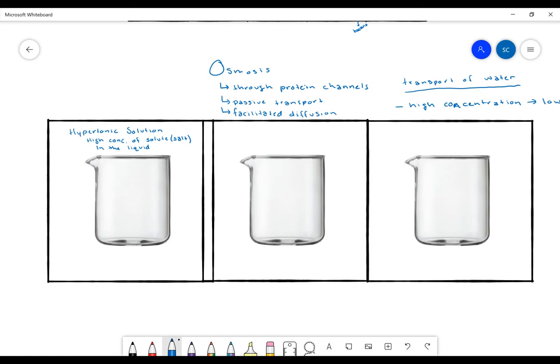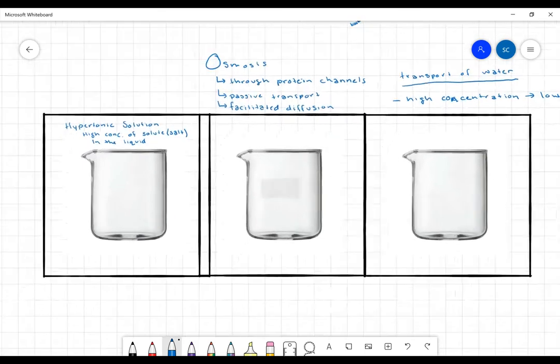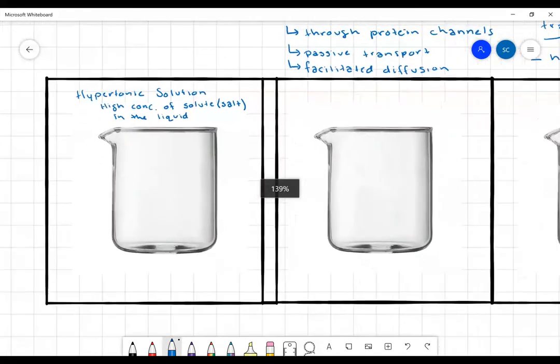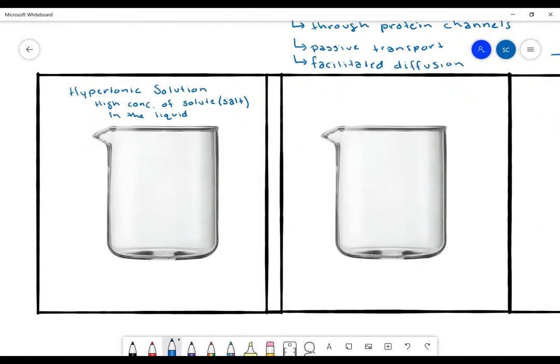So hypertonic solution means that there's a high concentration of solute or salts in the liquid. And so when we're looking at that, zoom in again, there we go. Okay, this is your water in your beaker. So this you might want to draw on the back of your page or on a separate sheet of paper, but this is linked to the cell membrane transport.